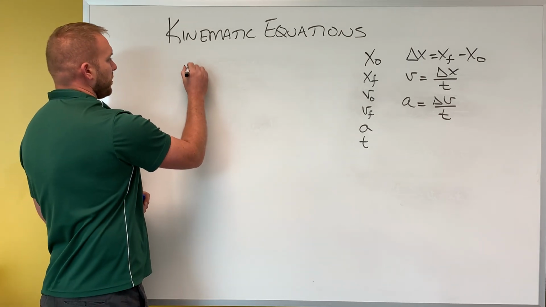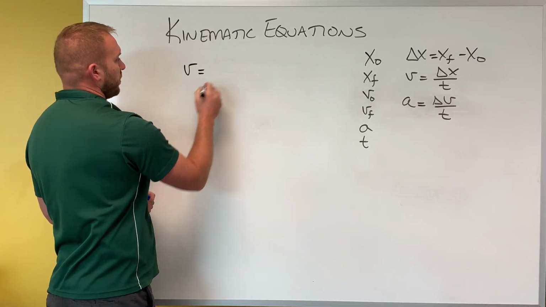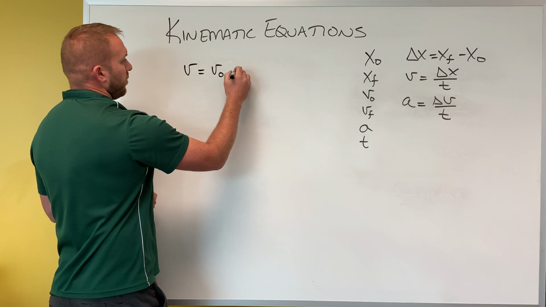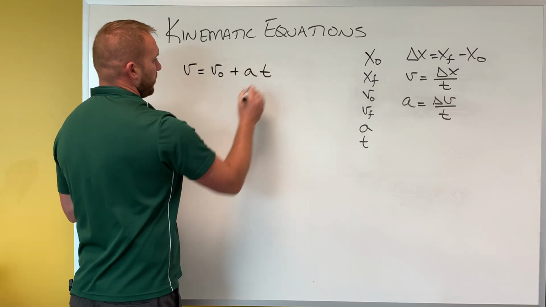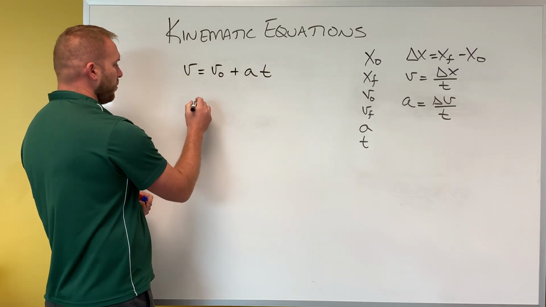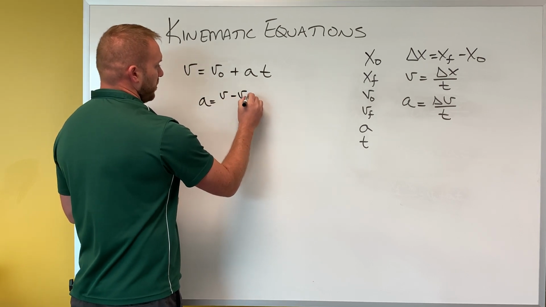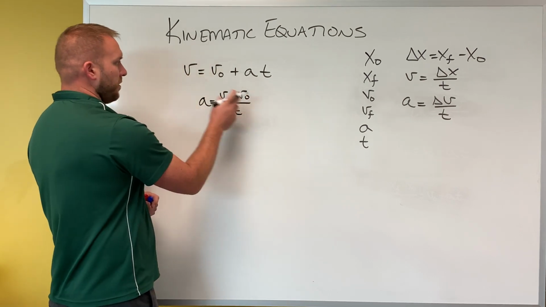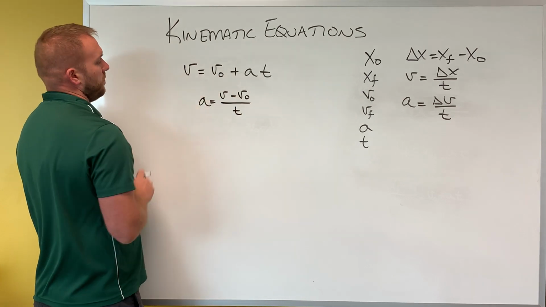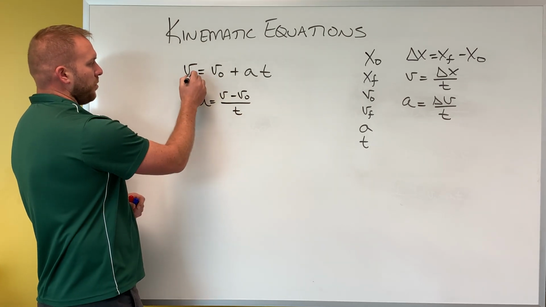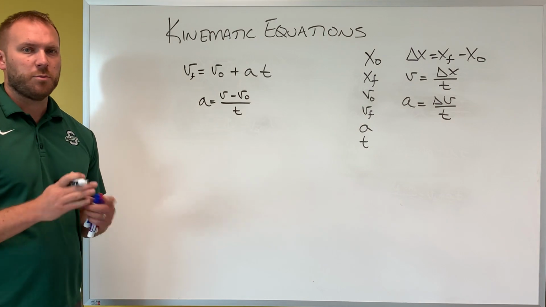That equation looks like this: velocity equals velocity initial plus acceleration times time. It comes from acceleration being velocity minus velocity initial over time, and simply rearranging it in terms of velocity. AP doesn't put a final velocity there, they just put velocity.